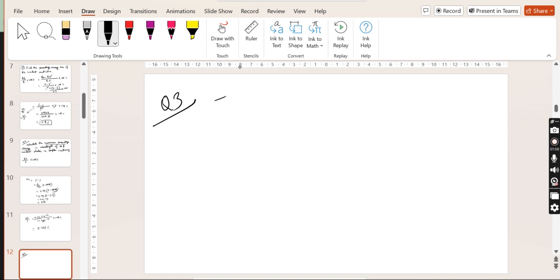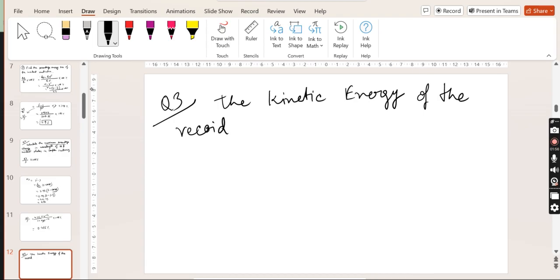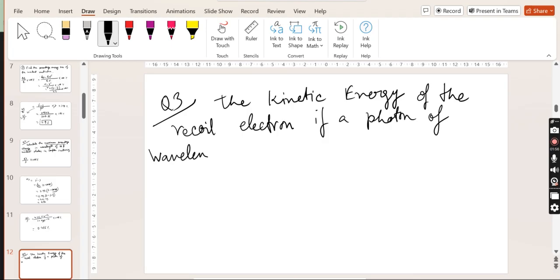Another question. The kinetic energy of the, sorry, photon of wavelength 0.5 angstrom scattered at 90 degree.